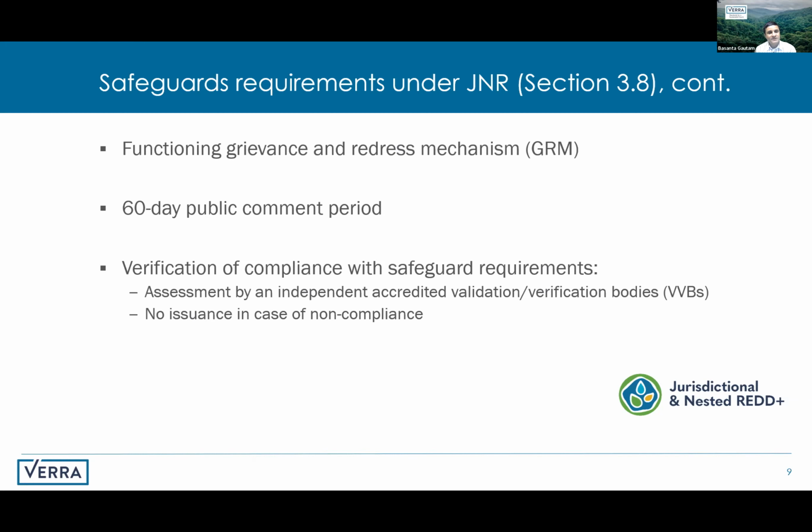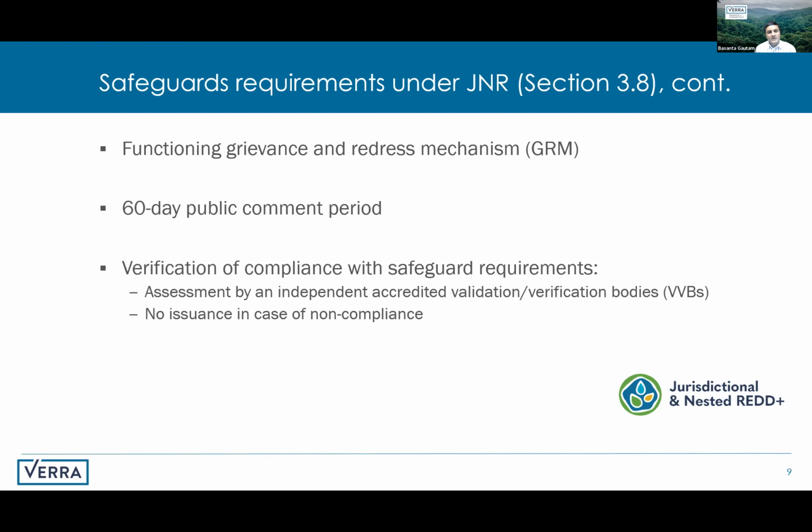So during this period, we ask all the public to provide their comments, feedback, criticism, whatever they want to tell us. And after the public comment period, these comments are published in our registry. So in the registry, we have a project page, and in the project page we upload all the public comments there. So it's quite transparent as well.